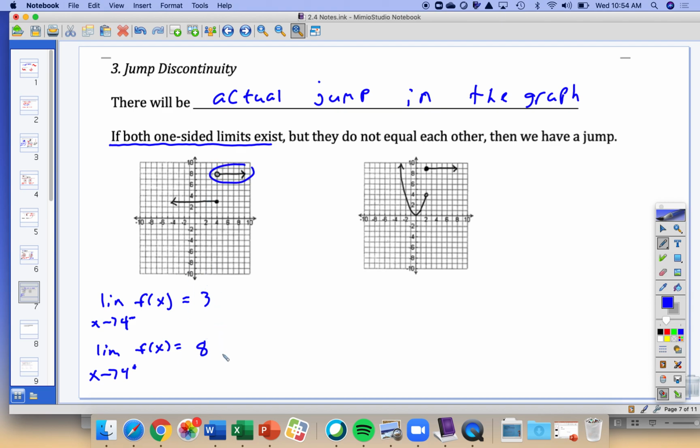So because these two limits are different, the left limit and the right limit are different, there must be a jump in the graph. And by looking at the graph, you can see that actual jump. Okay, because the left limit and right limit both exist, right? They both exist, but they do not equal each other. Then you have a jump, and that's what we have here, a jump discontinuity.